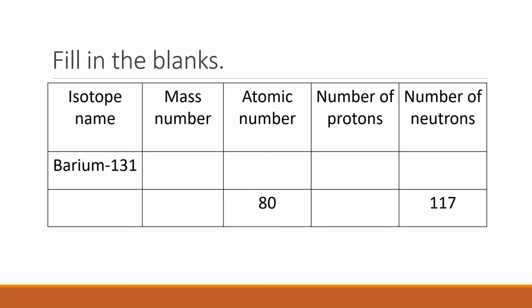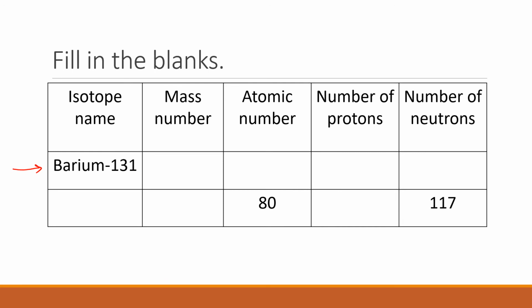Let's complete this table. For this we will need some information from the periodic table. Let's first complete the information about barium. The isotope name is barium, and remember, in this representation the number after the name is the mass number.